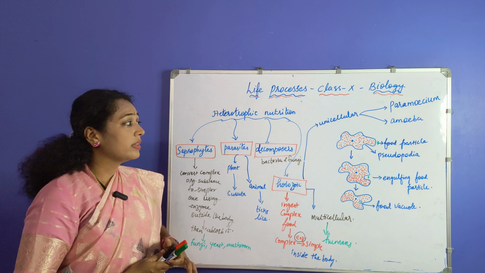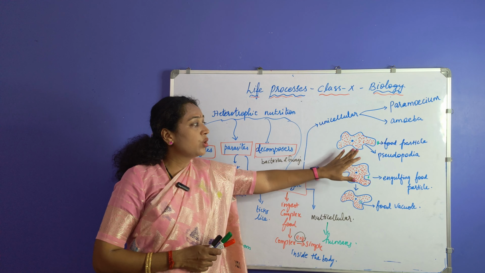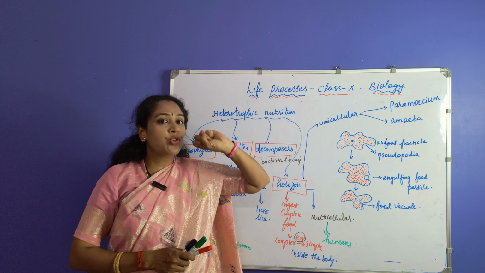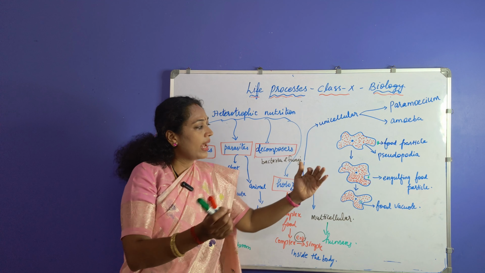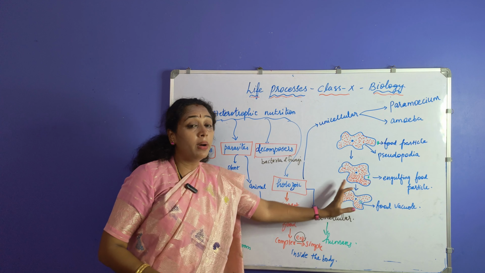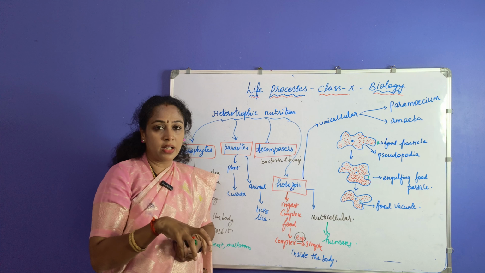It has a finger-like projection called pseudopodia, and when the pseudopodia comes in contact with any kind of food particle, it will capture the food particle and surround and engulf it. After engulfing the food particle, it forms a vacuole called a food vacuole, and only the food particle will be inside that vacuole.